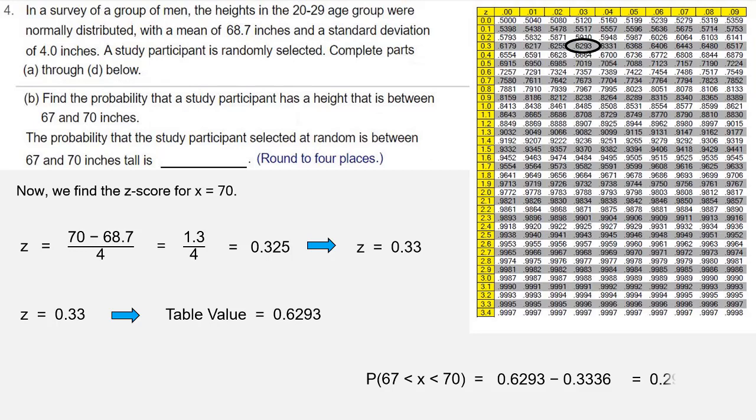And when we do this subtraction, we end up with 0.2957. And that is your answer for part B.